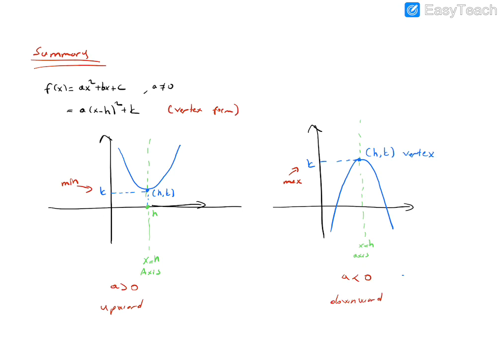A parabola increases on one side of the vertex and decreases on the other. For the positive case it decreases then increases. For the negative case it increases then decreases. So the symmetry axis is always x equals h, and f of h equals k is the minimum value here. Here f of h equals k is the maximum value.